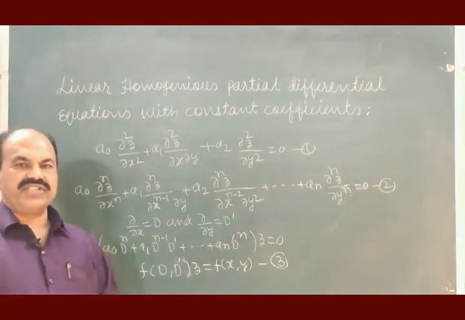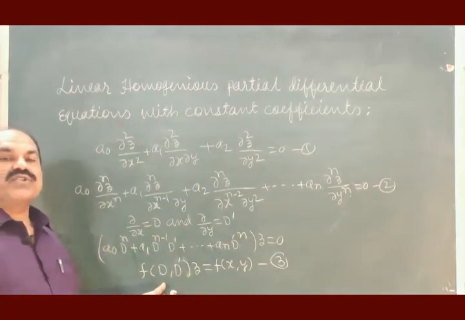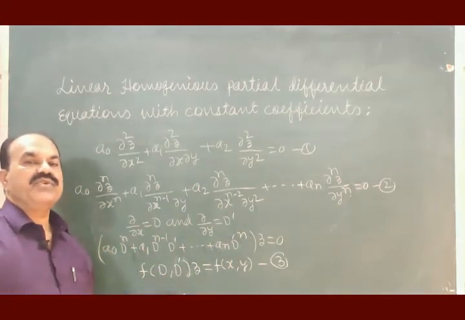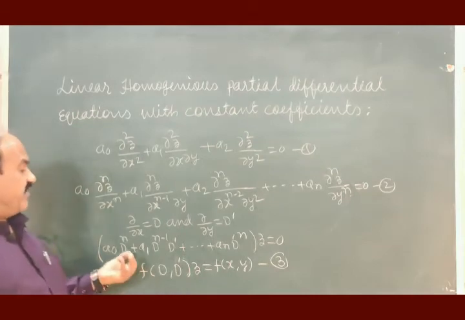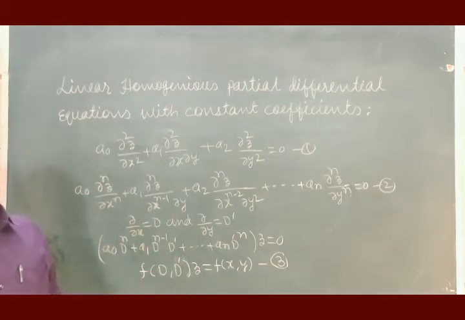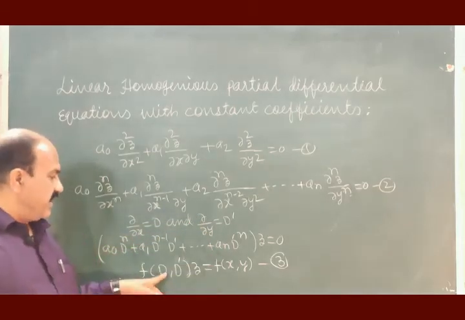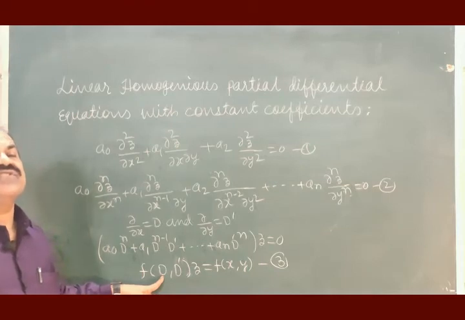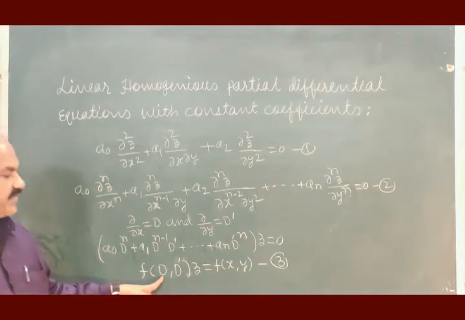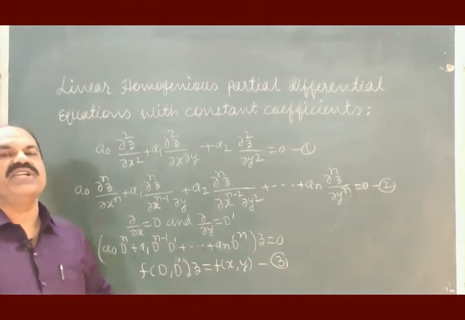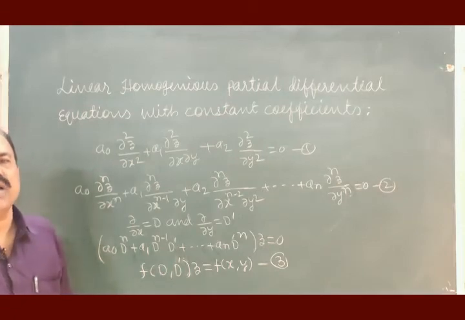Any such equation can be written as a function of D, D'. What is D? D is always ∂/∂x. What is D'? It is always ∂/∂y. D is partial differentiation corresponding to x. D' is partial differentiation corresponding to y.